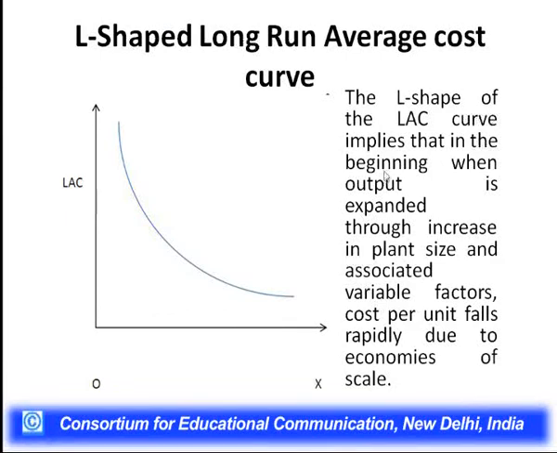When the output is expanded through an increase in the plant size and associated variable factors, cost per unit falls rapidly due to economies of scale. So, there is a difference between the learning curve and the L-shaped long run average cost curve.